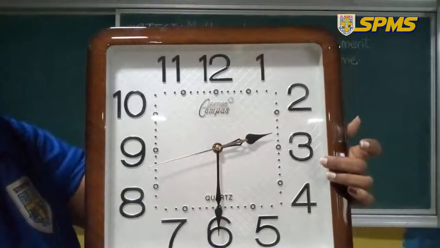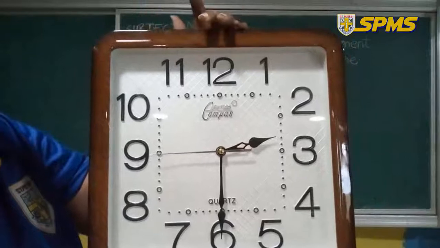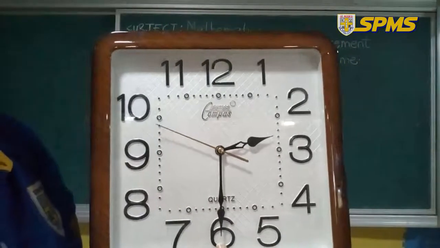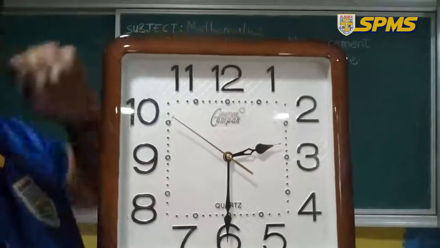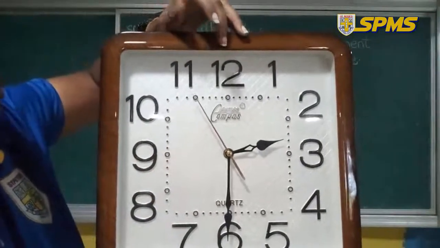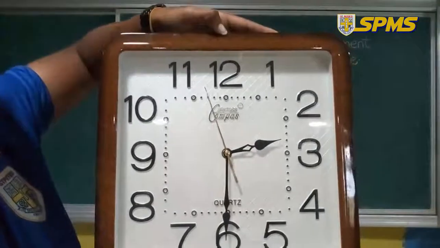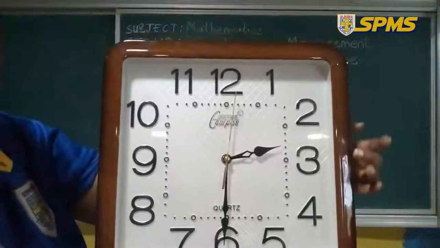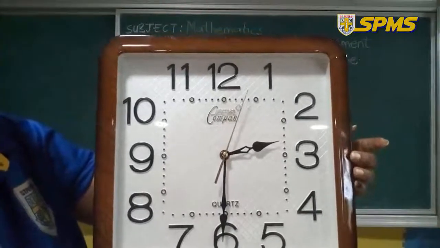Are we okay? So we have 12 to 6, which gave us 30 minutes, and then another 30 minutes for the minute hand to be on 12, and then the hour hand will move to the next number.